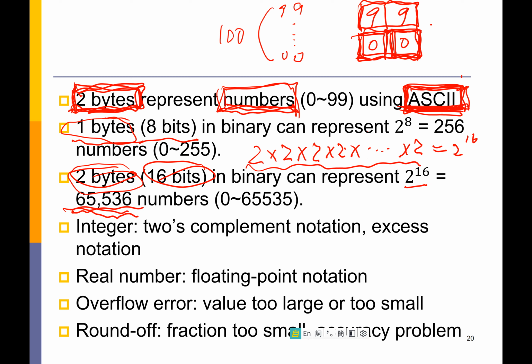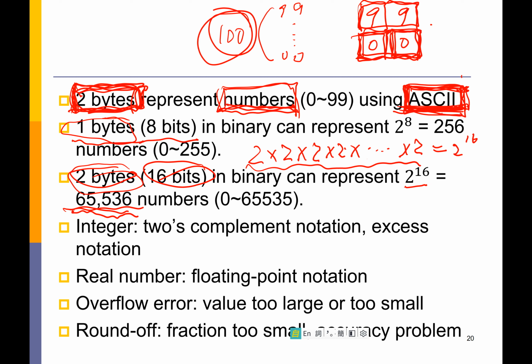It's huge. Now, compare: initially we said if we use 2 bytes with ASCII and treat the 2 bytes as symbols, how many numbers can we represent? Only 100.